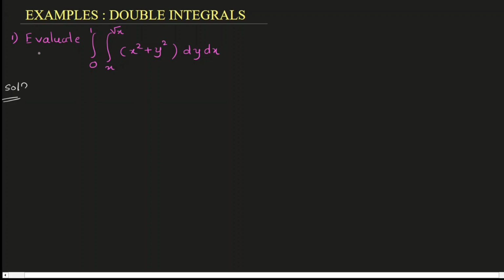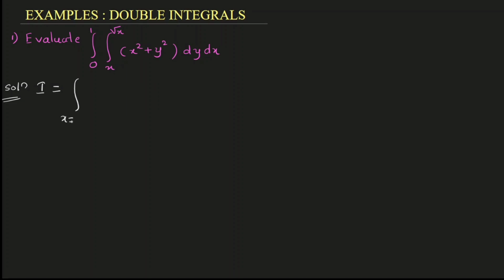Let us write this integral as I is equal to, as I mentioned, the first integral is with respect to x. So write the limits as x varies from 0 to 1, and for the second integral y varies from x to root x, of x square plus y square into dy into dx.